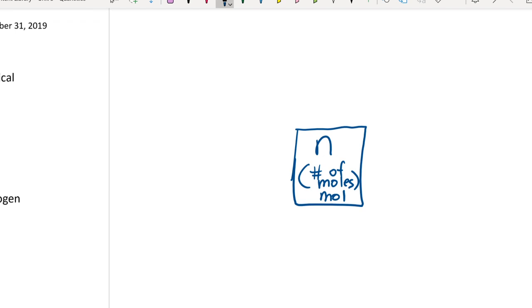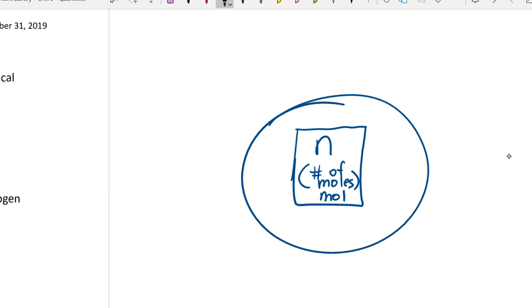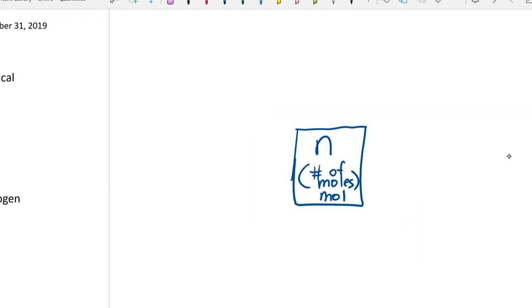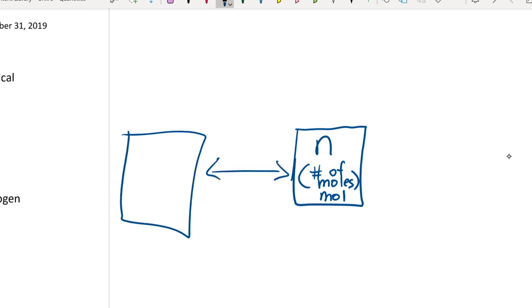So what we've learned is that this is a useful piece of information, because if I know how many moles, I can figure out the number of atoms or the number of molecules. And what number helps us with that? How many is a mole again?